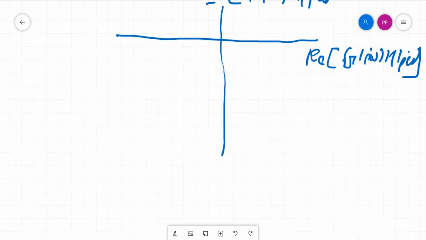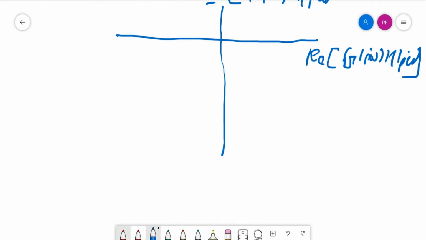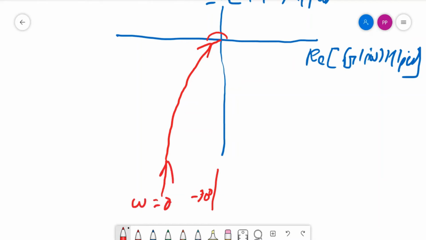So we start from minus 90 degree and infinite magnitude, so we can start from below, from this point, and we will gradually grow and reach up to the origin at an angle of 180 degree. So naturally this angle is 180 degree where we are entering the origin, and starting, this is minus 90 degree. So we are starting from omega equal to 0 and reaching omega equal to infinity.